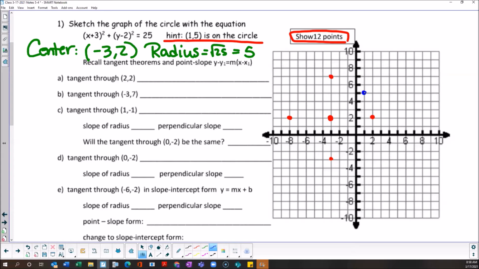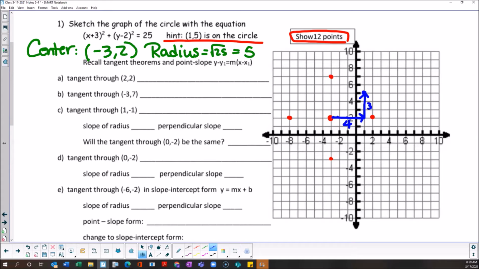If point 1, 5 is on the circle, to get there from the center I go over 4 and up 3. See that?